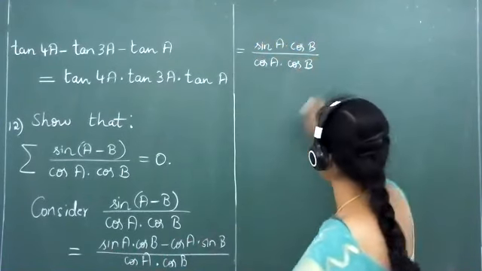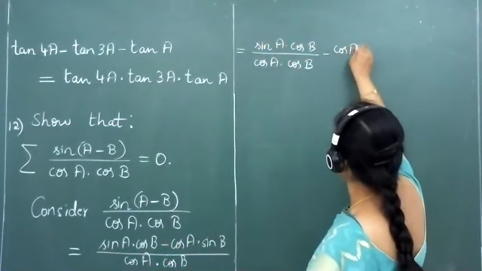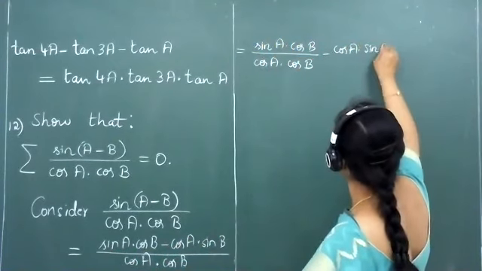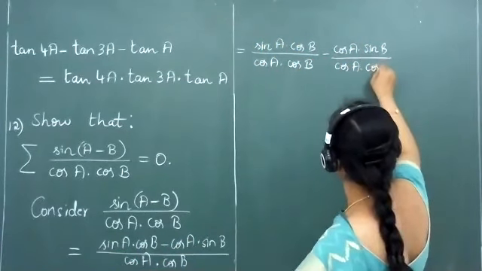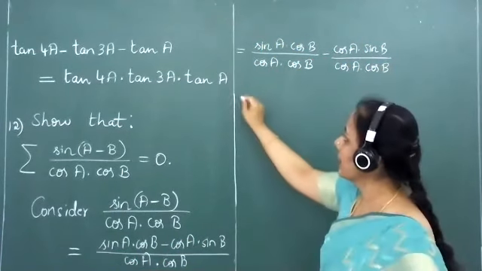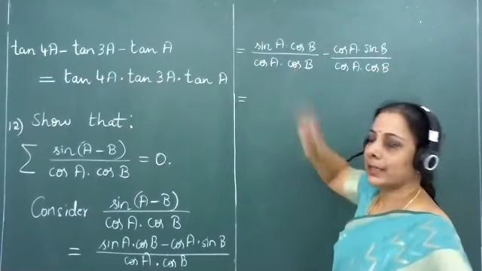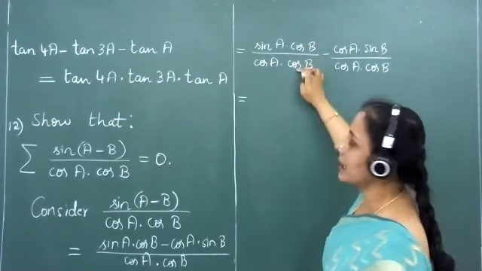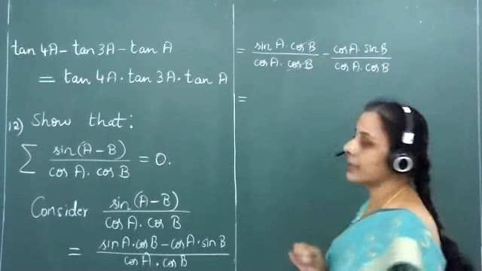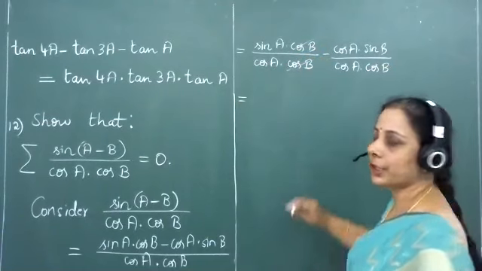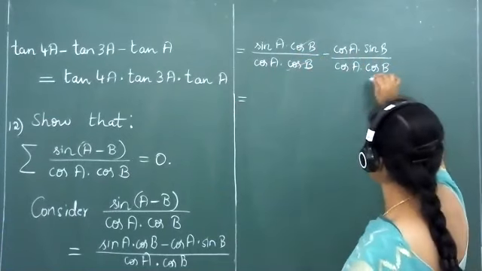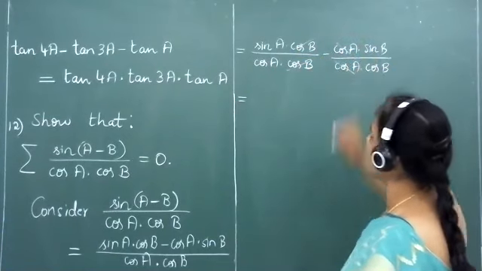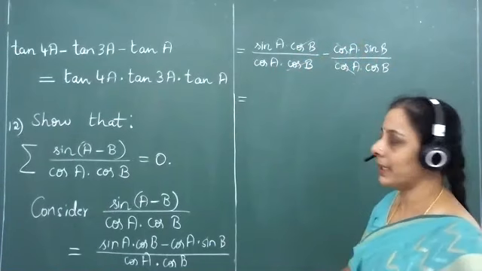Next we have a minus sign, cos A into sin B divided by cos A multiplied by cos B. And here again in the first fraction cos B gets eliminated, which is a common factor to the fraction. And in the second term of the same expression we have cos A as a common factor which gets eliminated.